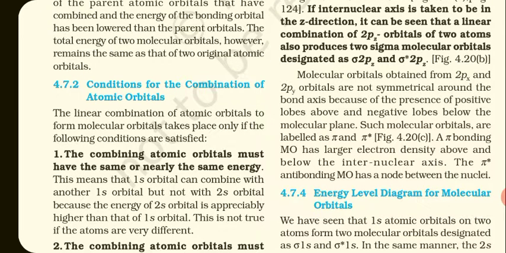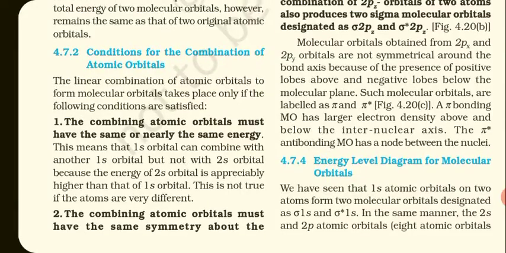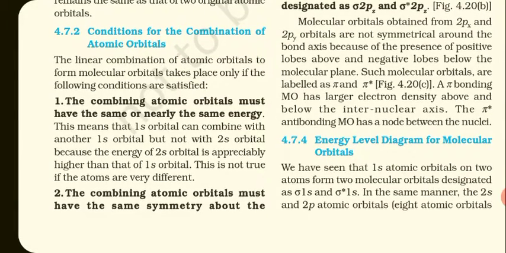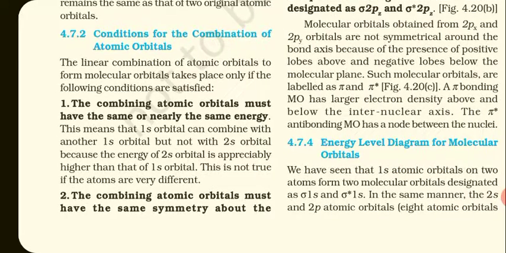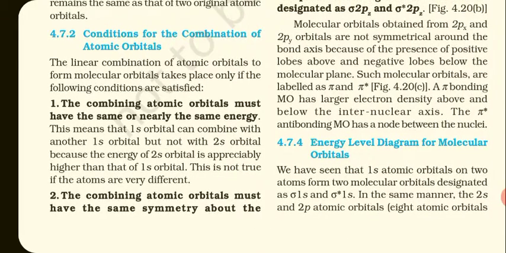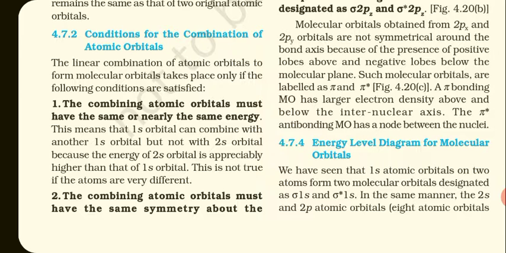Its internuclear axis is taken to be in the z direction. It can be seen that a linear combination of two 2pz orbitals of two atoms also produces two sigma molecular orbitals designated as sigma 2pz and sigma star 2pz.